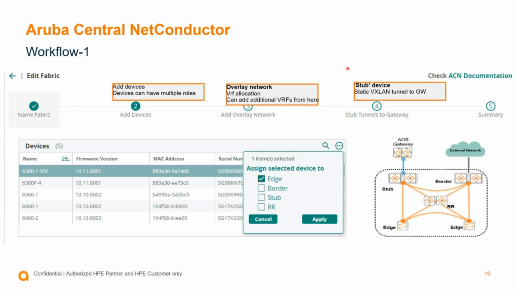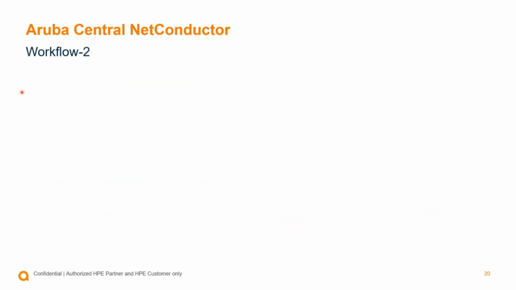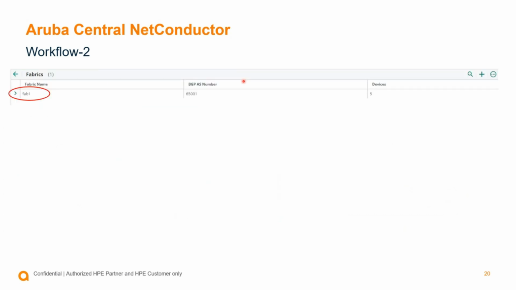And then you've got the stub device connectivity model from your gateways to your fabric, and then a summary at the end, and then you save it and it pushes down that overlay configuration, VXLAN, EVPN, BGP to your fabric. And of course, on top of that, you need the ability to add gateways, anycast gateways at selected switches or all your edge switches in the fabric.